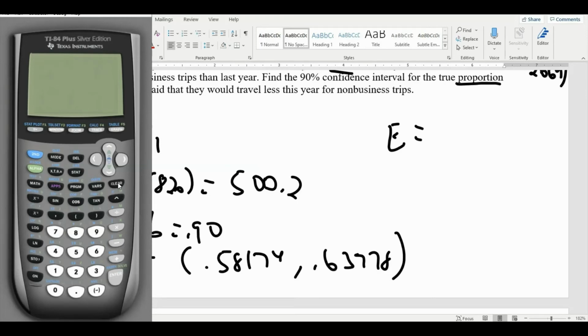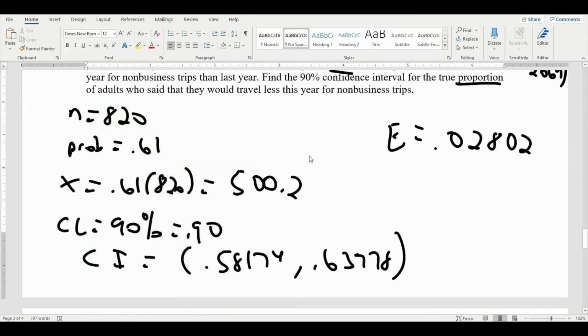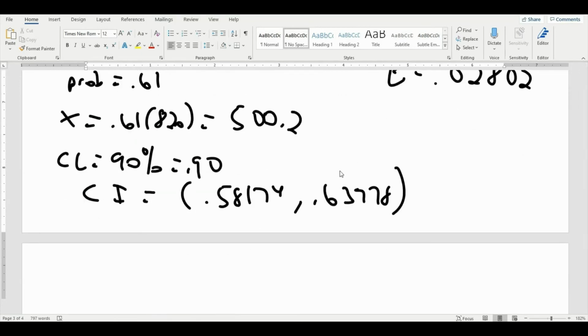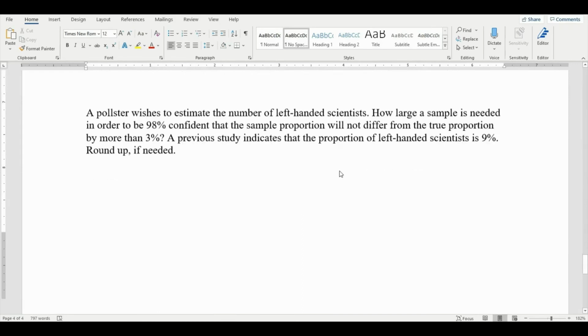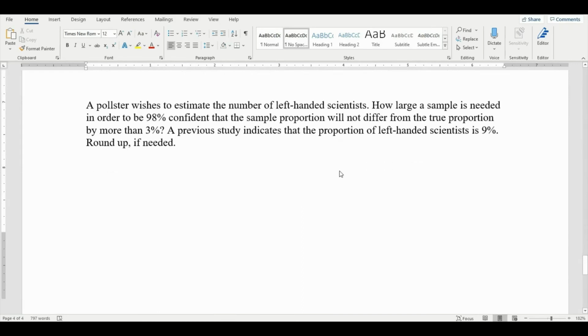I need to do bigger minus smaller. 0.63778 minus 0.58174. Divide that by 2. Margin of error is 0.02802. It's a backwards way. It may not work because of some kind of rounding error somewhere, but the difference in the range that's accepted isn't big enough to matter.